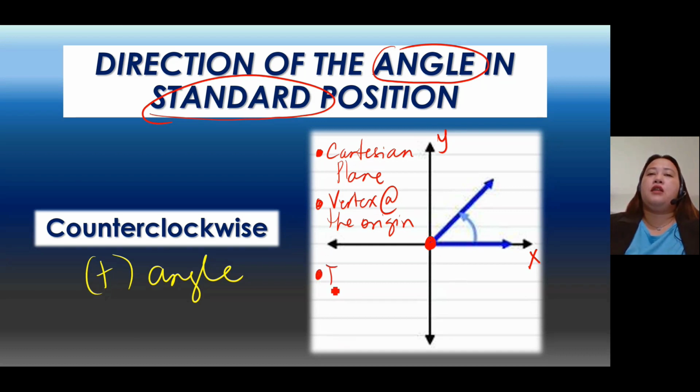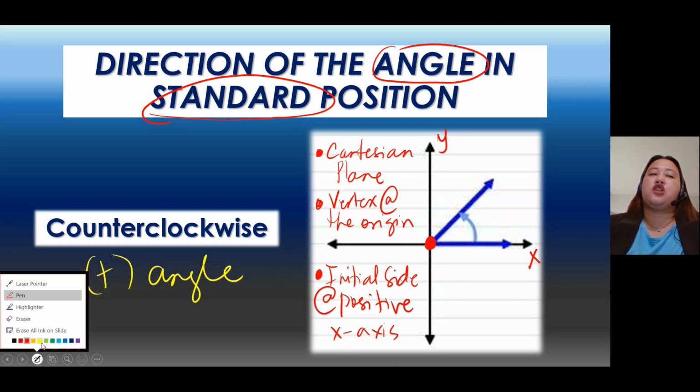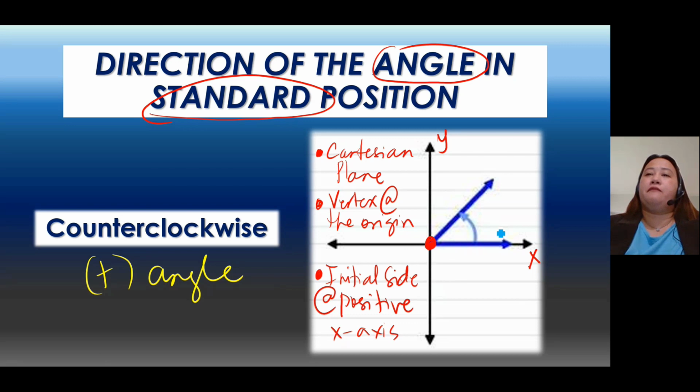Another, the initial side should coincide, or it should be along the positive x-axis. If you can remember the Cartesian plane, if this is the x-axis and this is the origin, on the right side we have positive x.